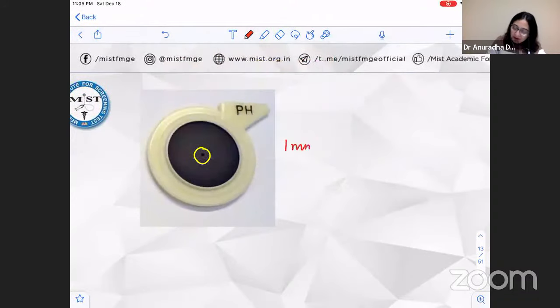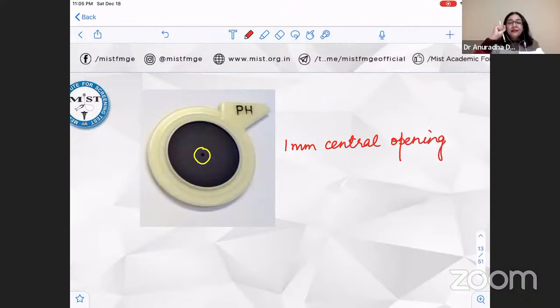When a person looks through this pinhole, the light passes only through this central opening. So only that beam of light enters the eye and helps in focusing the image on the retina.